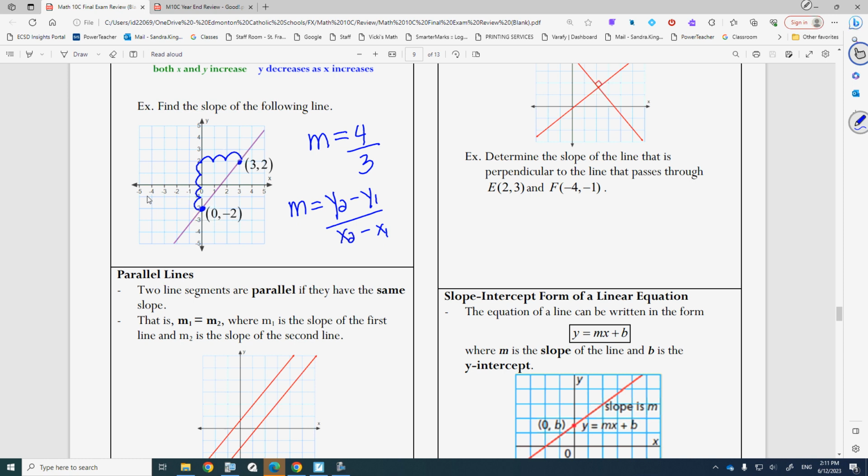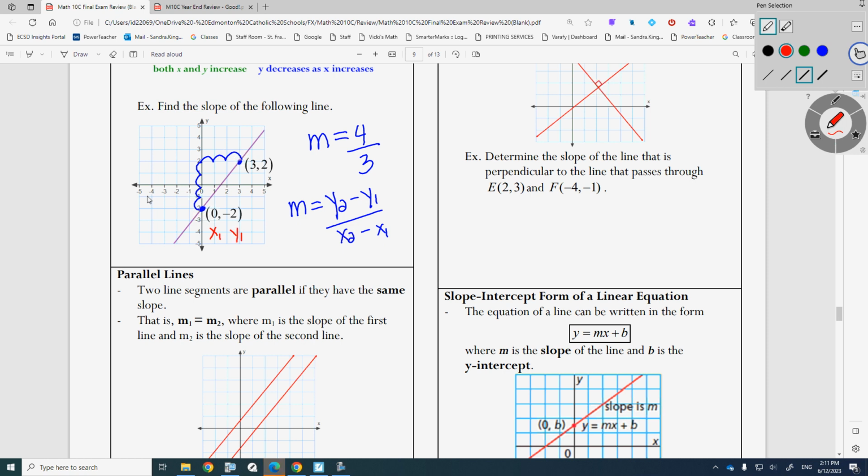y2 minus y1 over x2 minus x1. So for your 2 points, label 1 point x1, y1, 1 point x2, y2. Confirm that you're going to get a 4 over 3.